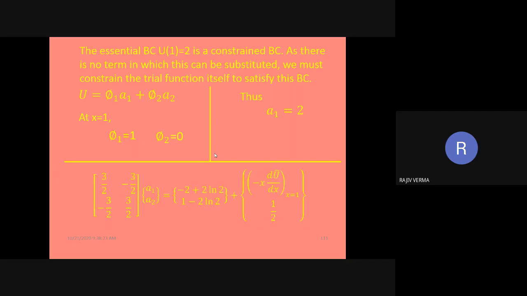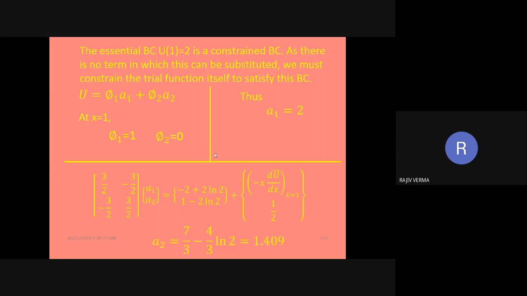So when this expression is evaluated at x equal to 1, obviously phi 1 is equal to 1 and phi 2 is equal to 0. So this gives us the value of a1 to be 2, and this value of a1 is going to be substituted in the second equation to get the corresponding value of a2.